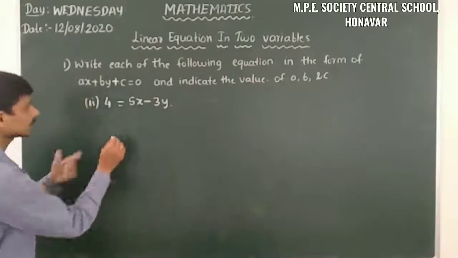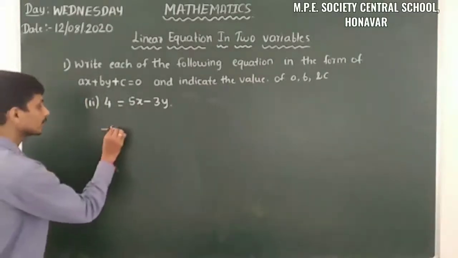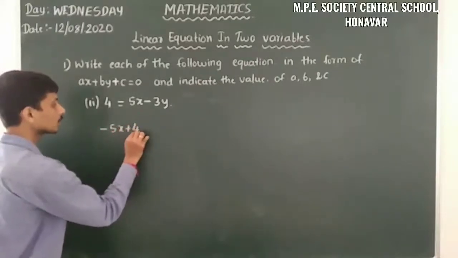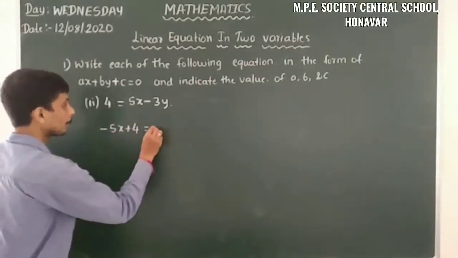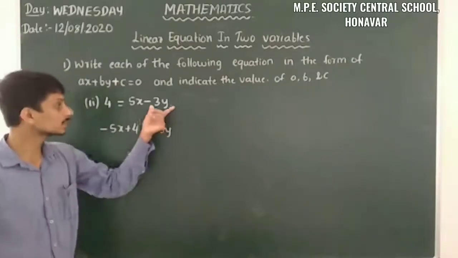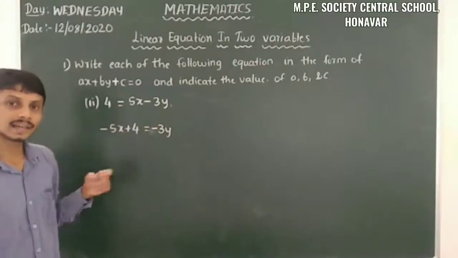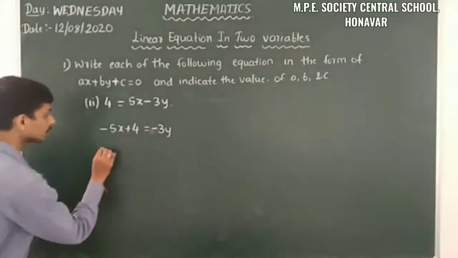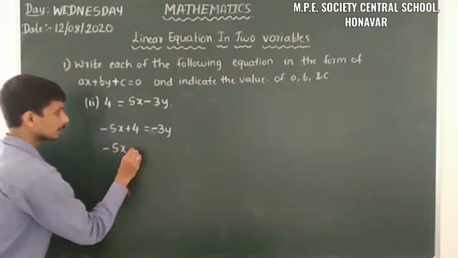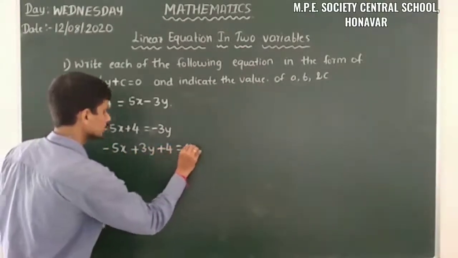Firstly, I will transpose this to the LHS side. It becomes minus 5x plus 4 is equal to minus 3y. Then we have to transpose this minus 3y to the LHS side. It becomes plus 3y.